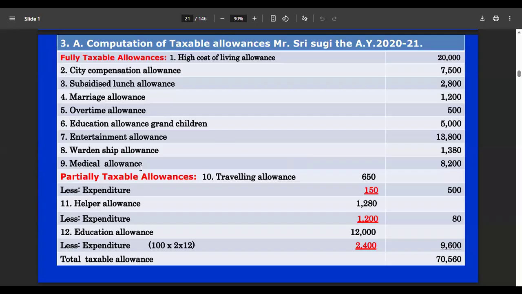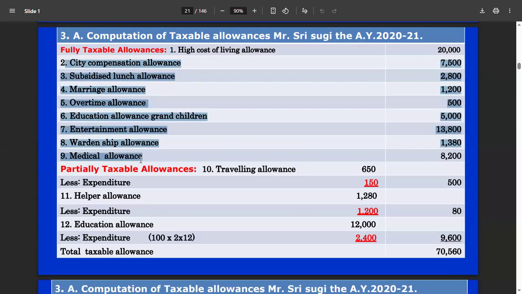Now, all these are fully taxable because they are not a necessity and they are not given to all. So, if the benefit is given to all, it is exempted, but if it is only given to some, it is not allowed.